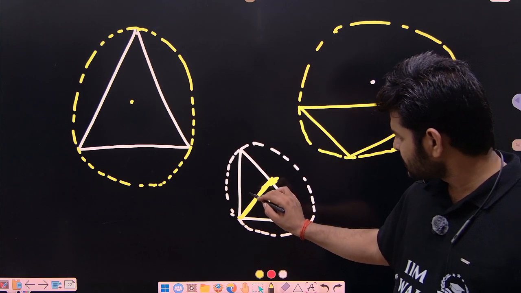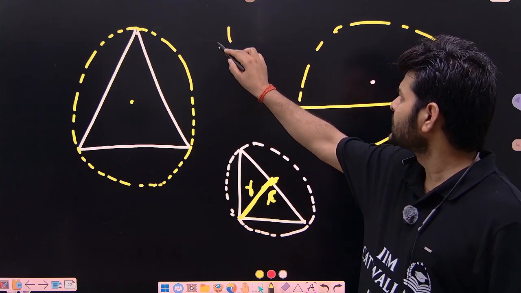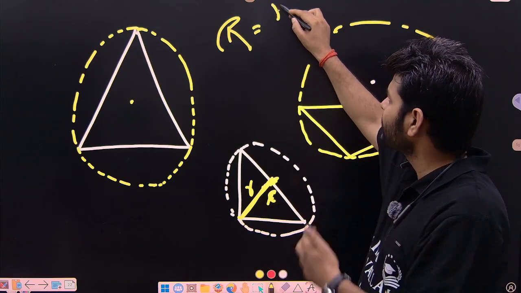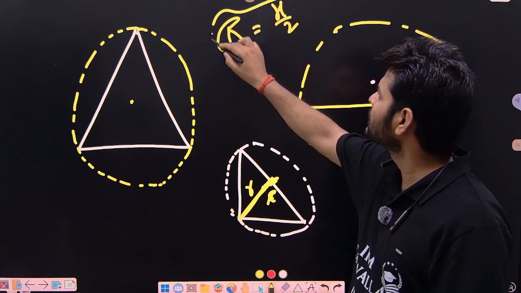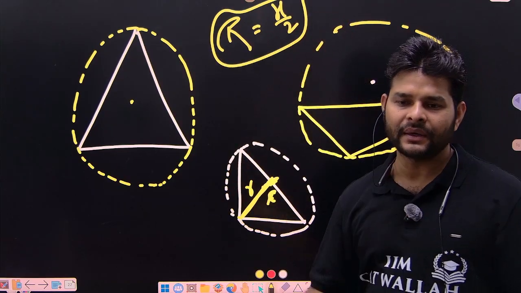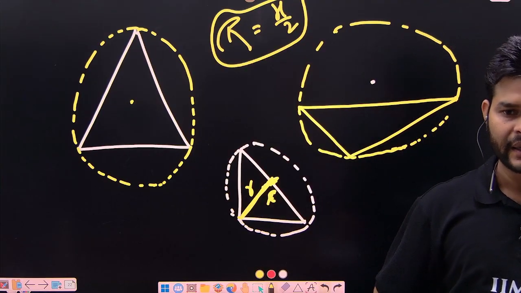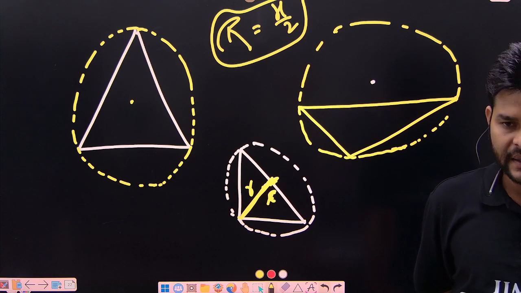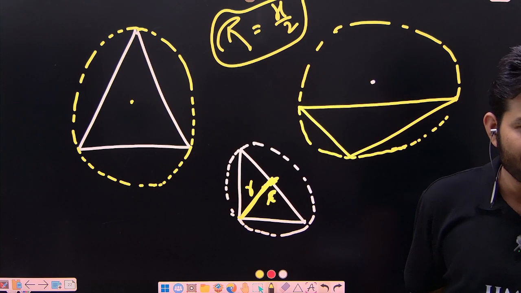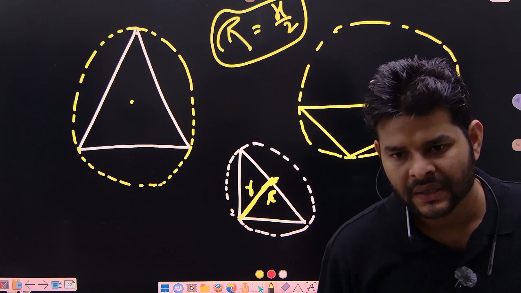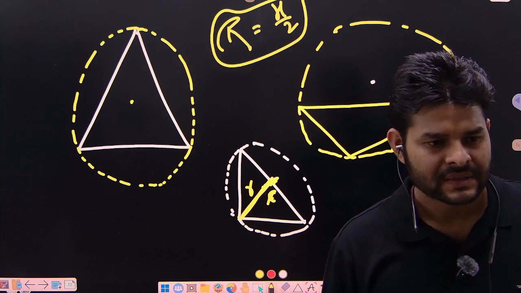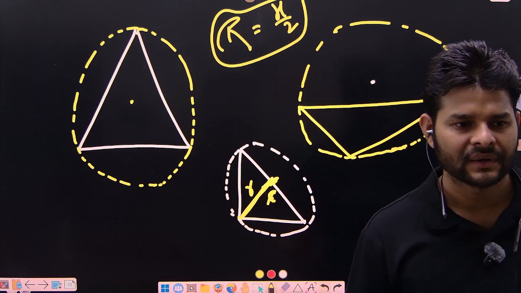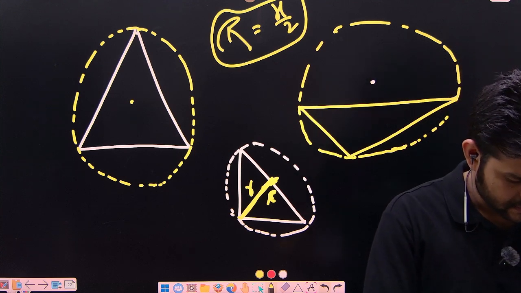So in this case, circumcircle की जो radius होगी बस just half of hypotenuse. ये एक फार्मूला होगा. This is only applicable in a right angle triangle. So circumcircle radius is just half of hypotenuse.